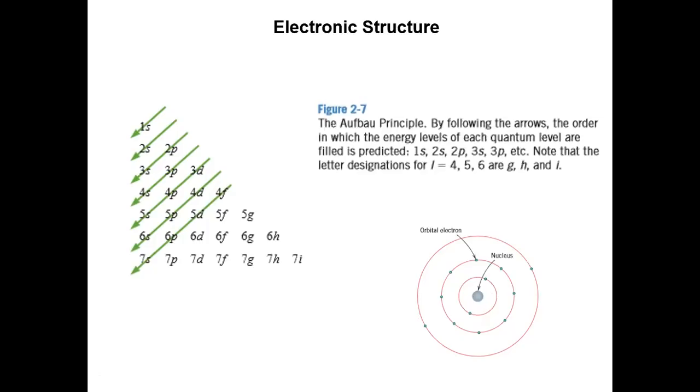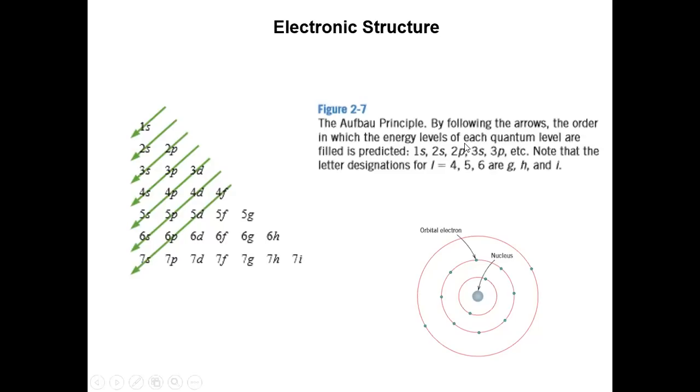We say they are in specific energy levels, the quantum levels. We have different energy levels like 1s, 2s, 2p.